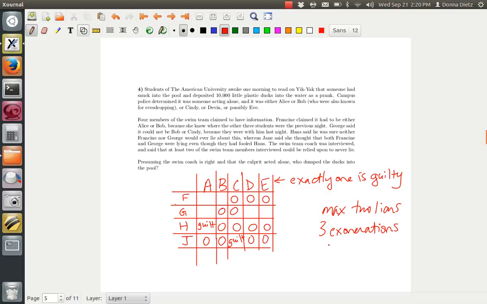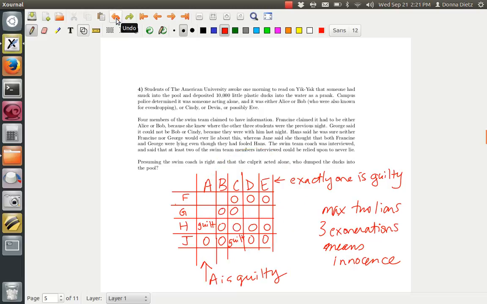So 3 exonerations means innocence. And so the only person who doesn't have at least 3 exonerations is A, so A is the guilty party because A has no other exonerations except the one. That wouldn't be enough to prove that he's guilty. It's just that all the other ones have been exonerated.